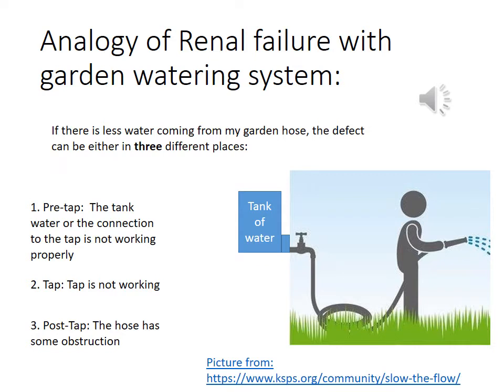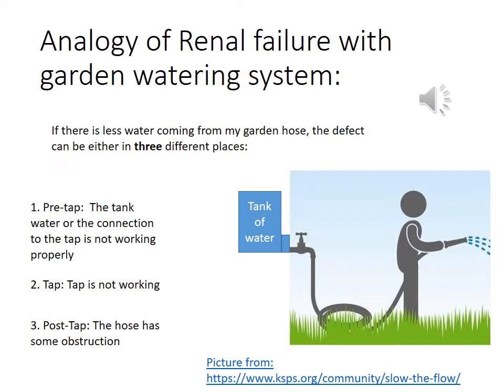First, pre-tap. Pre-tap means the problem is in the tank which has the water or the connection between the tank and the tap. Another problem can be in the tap. Tap cannot be turned on. The third problem can be in the hose. Hose has some obstruction. There is something stuck in the hose, so water is not coming out.